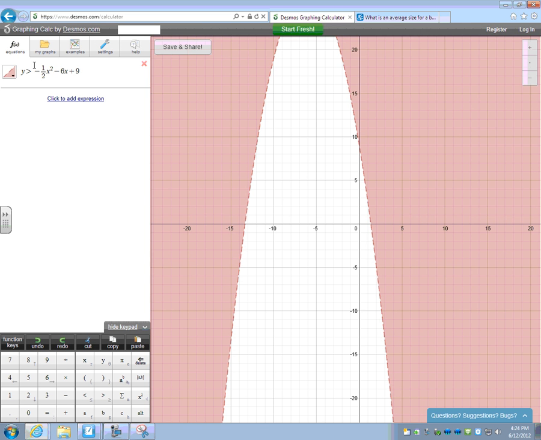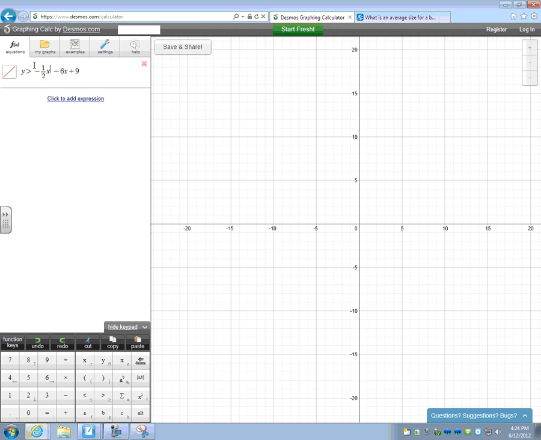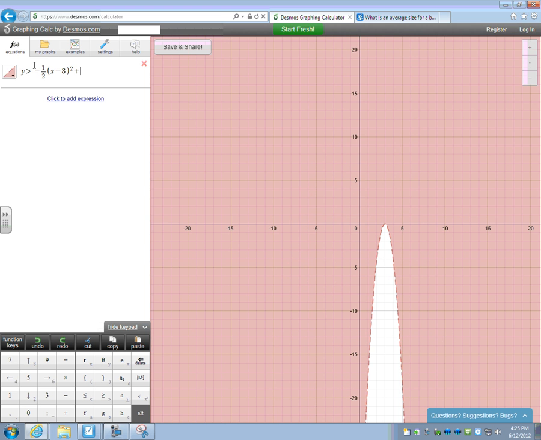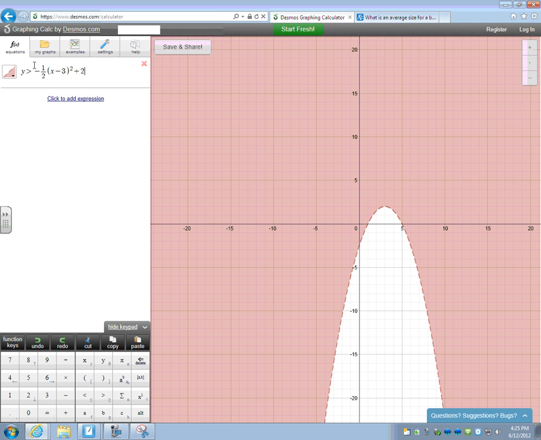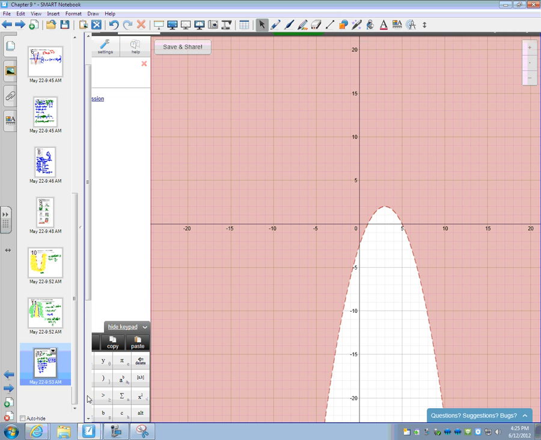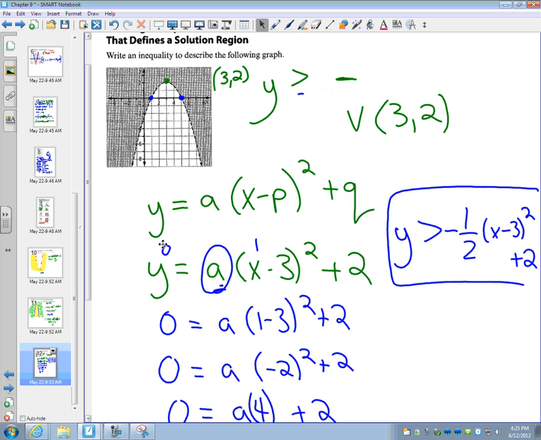And I should get the same graph that I got there. Let's see, it goes through 0 and 5, and that looks like the same graph that we had. 0 and 5. Yeah, looks exactly the same.